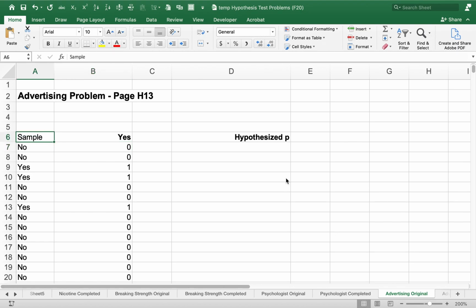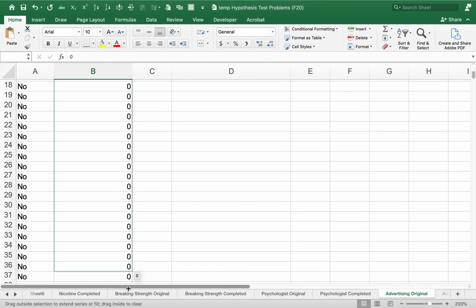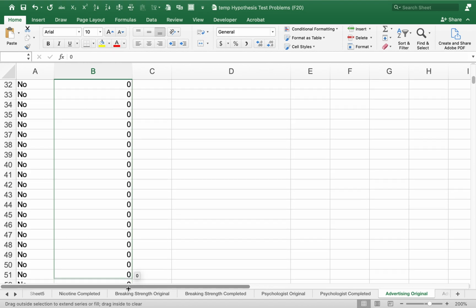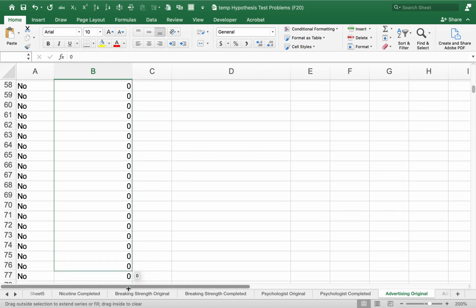And all I do is I just simply do a sort here, like this. And then we've got all the no's and we've got all the yeses, so you can just simply type a 0 for this first no and then just copy it all the way down. Like this. Now, of course, I've already done this, but just showing you the procedure.